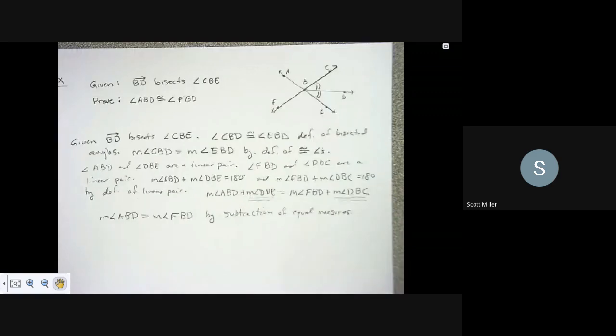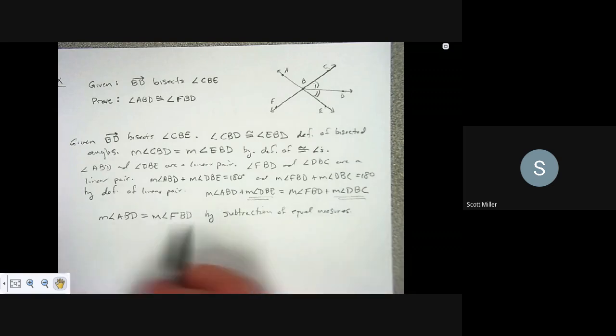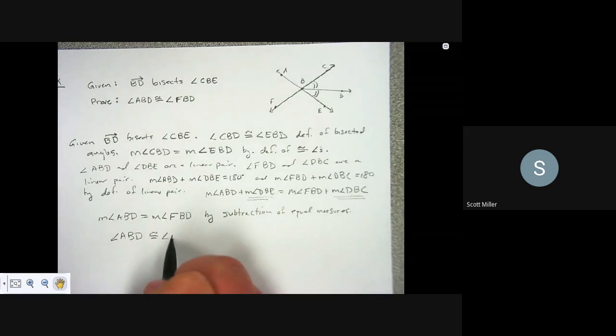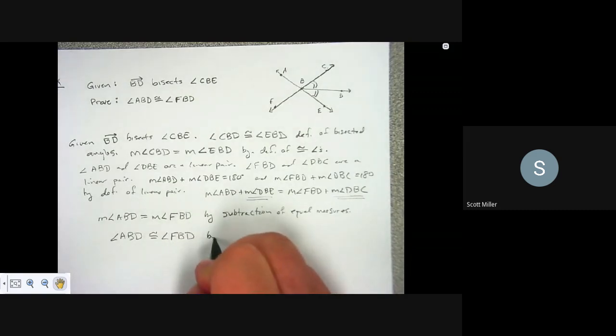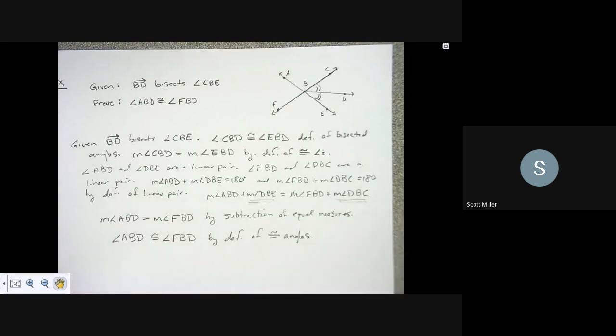I subtracted equal measures, right? They're equal. I subtracted them from both sides of this equation. I'm left with this. And so now I can conclude that angle ABD is congruent to angle FBD. And why? By the definition of congruent angles. And I'm done. That's how you're going to try and do this.